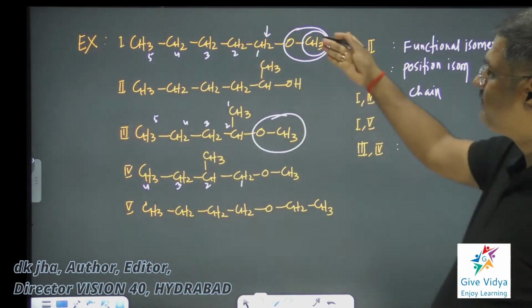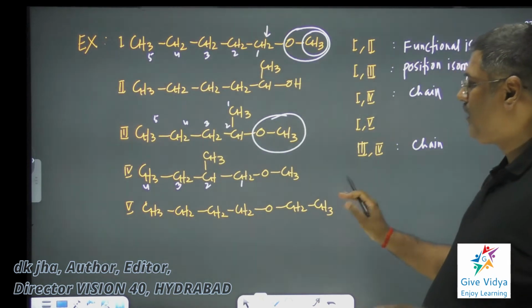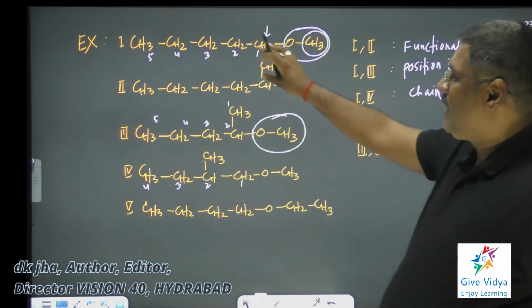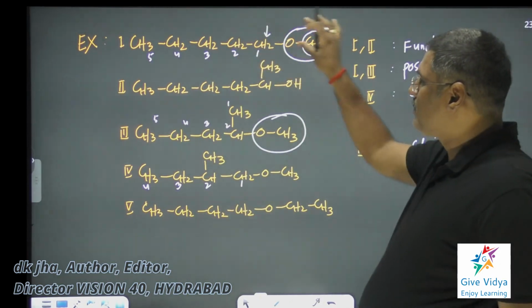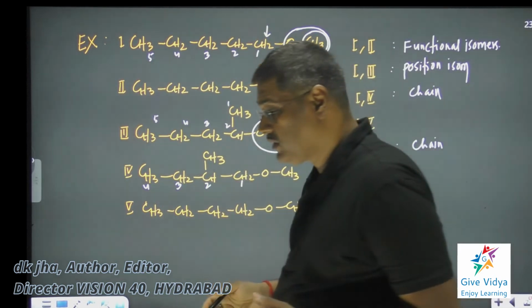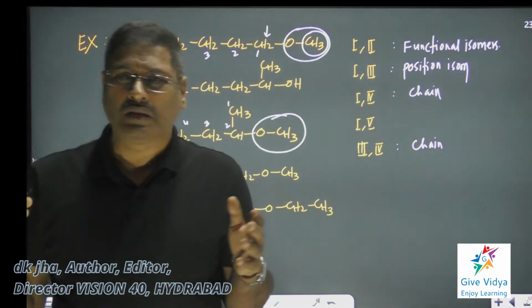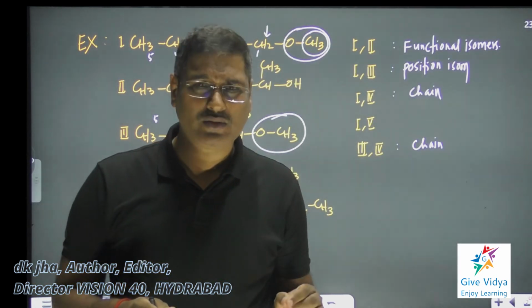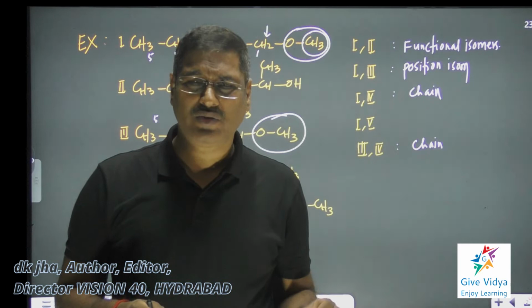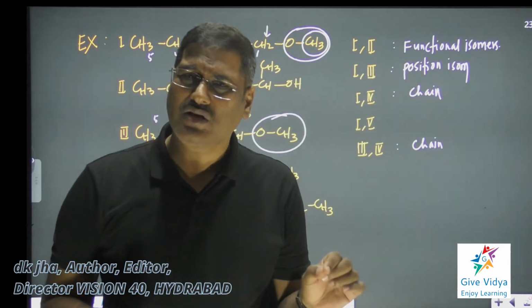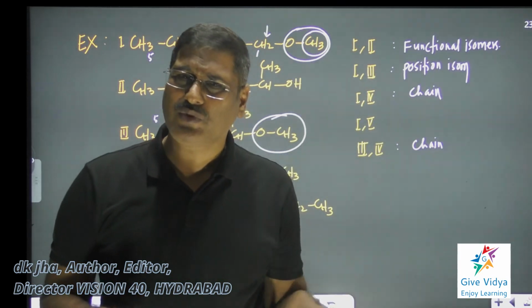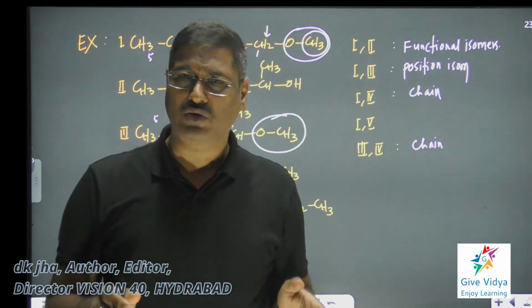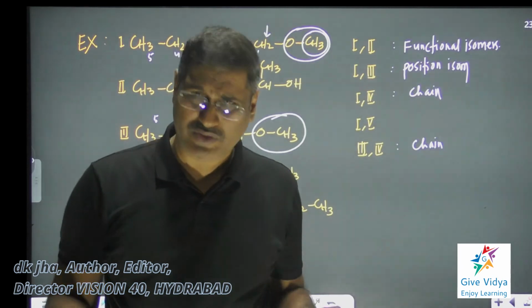What about 1 and 5? There also you find that one carbon atom is changing its place from this side to that side. That is the way connectivity changed, and you need to notice that a change in connectivity is mostly a change in position, but not every change in position causes position isomerism.